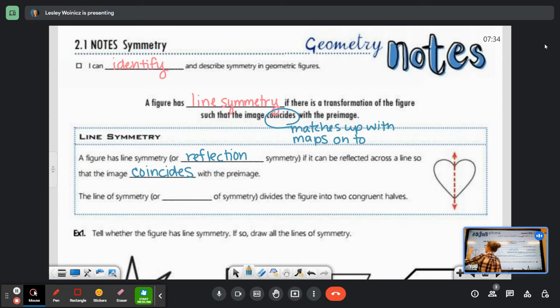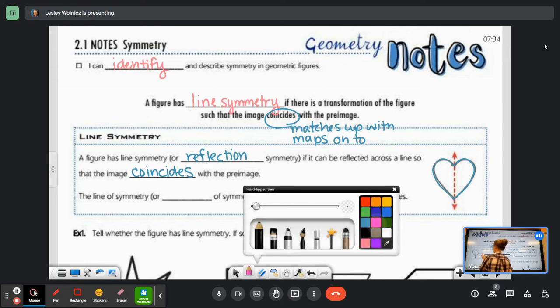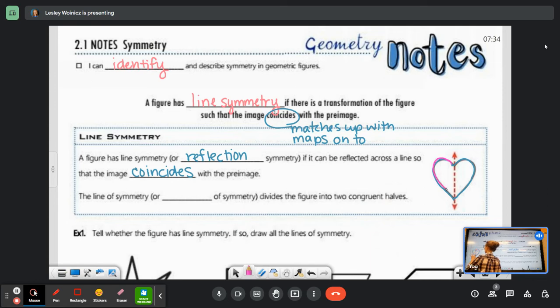If I reflect this part of the heart in this line, it's going to land over here. And if I reflect this half of the heart in the line, it's going to land over there, and it's going to look exactly the same. That's what we're talking about.